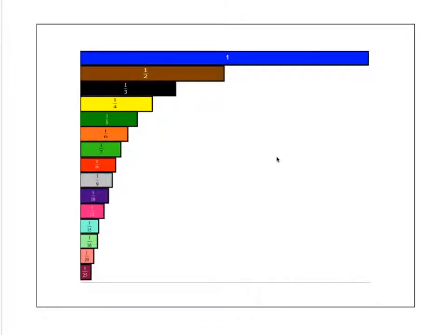Here is a graphic description of fractions. Notice that the blue one right here, this is my 1 whole. And then all the other colors, the brown is splitting the 1 whole and only taking 1 out of the 2 parts. So in that 1/2, the 1 is the parts and the whole is being split into 2 parts.